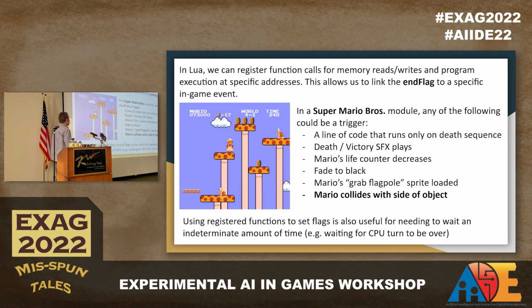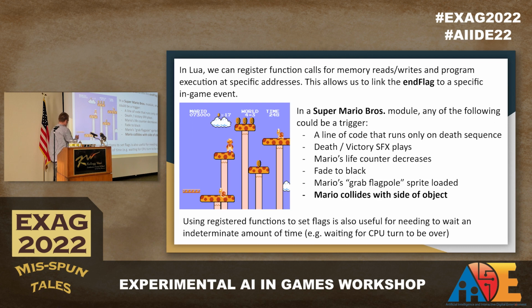Using registered functions like this is also a way to make your coding easier, because if, in a strategy game, you need to wait for the enemy to get through all their turns and then go back to your turn, you can figure out which line of code is associated with, for example, the menu popping up and your turn starting.